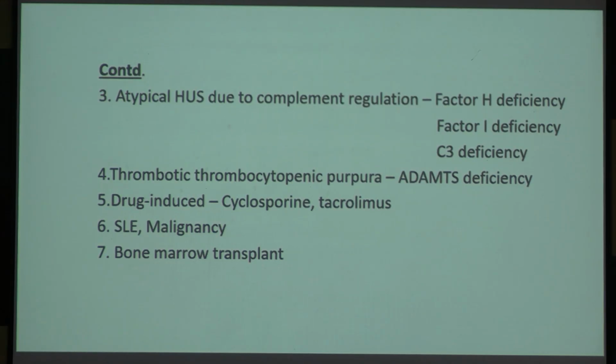Then drug induced, cyclosporin and tacrolimus. SLE, systemic lupus erythematosus, malignancy and bone marrow transplant. So, these are the causes of hemolytic uremic syndrome.